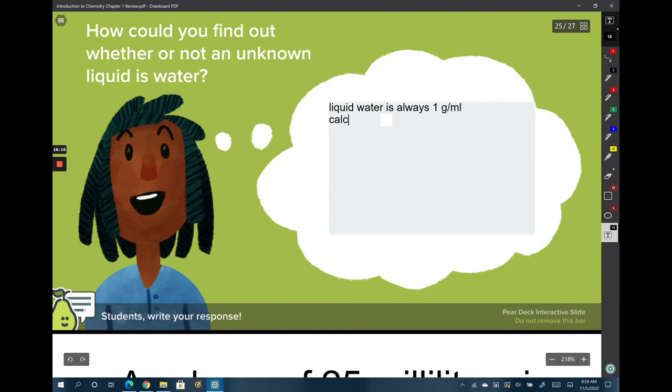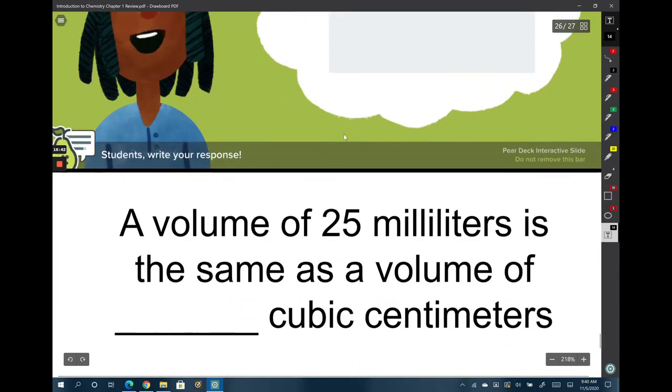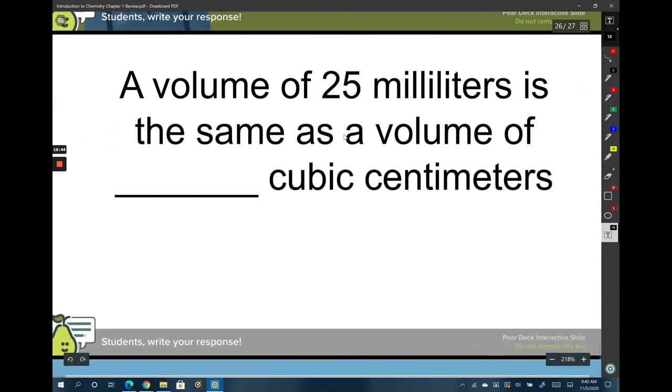So you would calculate its density to see if it is 1 gram per milliliter. So you just do mass divided by volume of the unknown liquid. You calculate its density. You see if it is 1. If it's 1, then it is water. If it's less than 1, it's not. If it's more than 1, it's not. So you would not want to taste it or drink it or something like that, because it may not be water. It may be something that you're not supposed to be drinking.